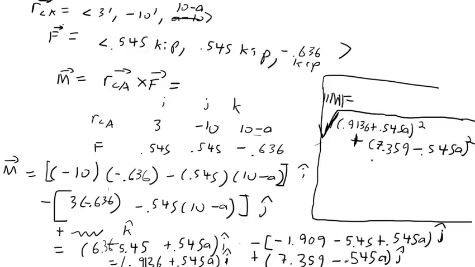In fact, we could probably solve for a. Let me set this equal to 0 and do a simplified version of the math here. I'm just going to expand this out really quick: plus 0.545x squared plus 7.359 minus 0.545x, quantity squared.